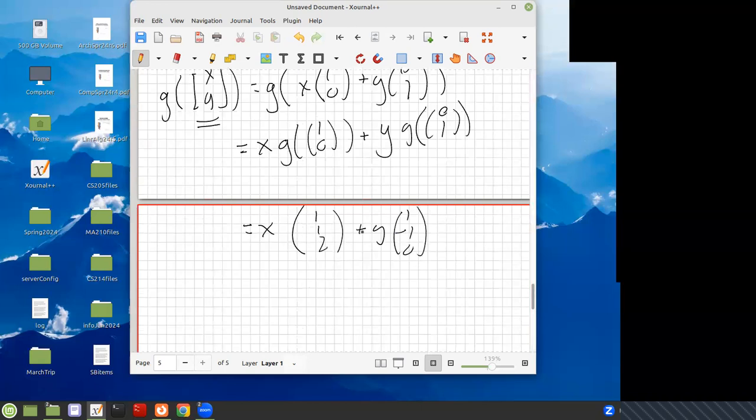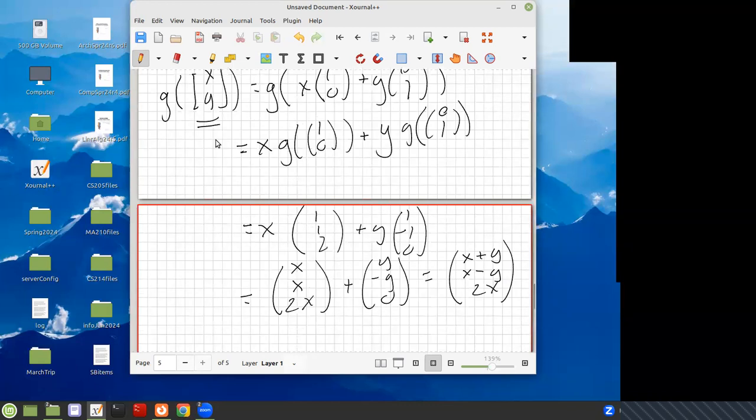Then, this is in the codomain, so I can multiply in the x to get (x, x, 2x) plus (y, minus y, 0). Then I can add the two together component by component to get (x plus y, x minus y, 2x). So I've recovered it: if I have G of (x, y), then I get out this.